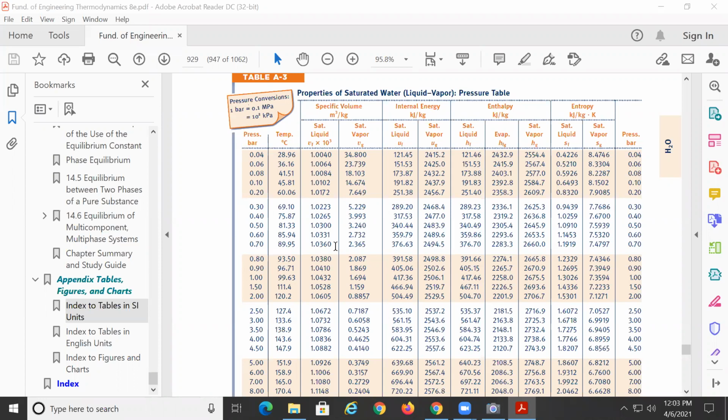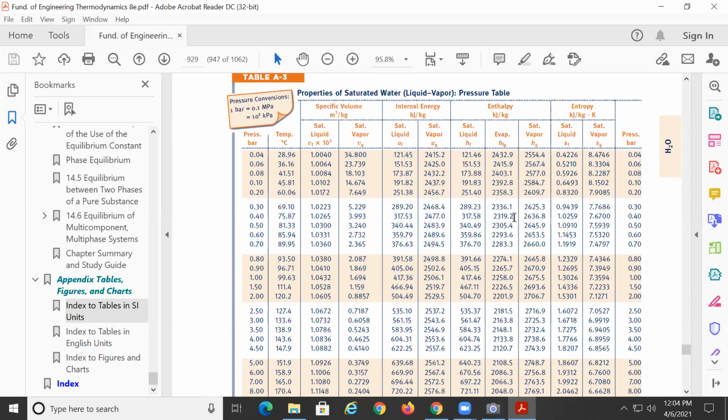We don't have 0.75, but what can we do? We need to go here to the H fluid. So we'd like somebody to do 376.7 plus 391.66, divided by 2, which is easy interpolation from table A3.